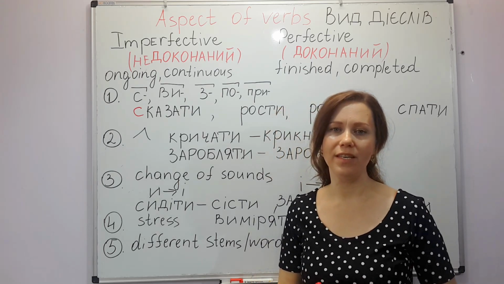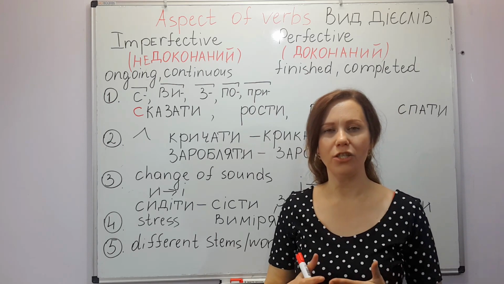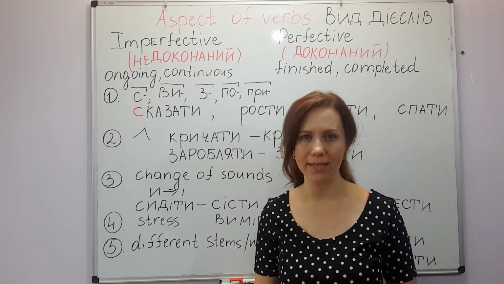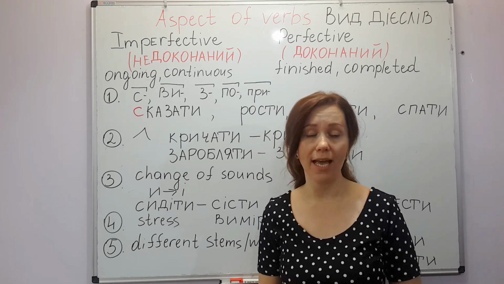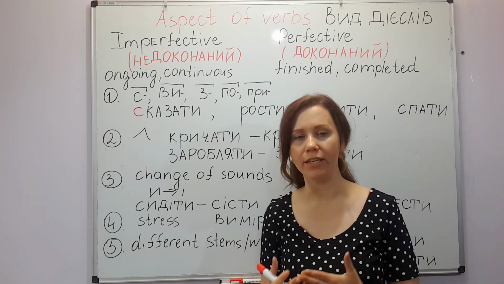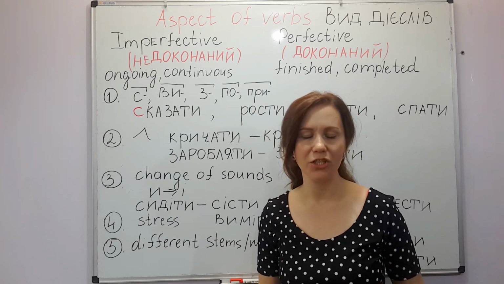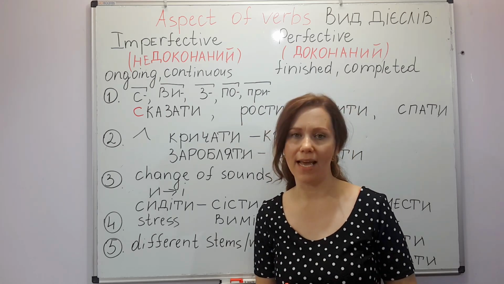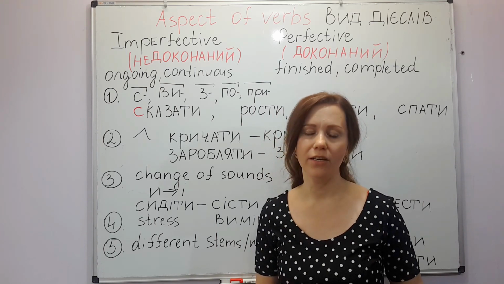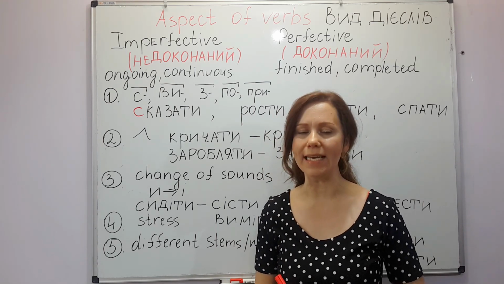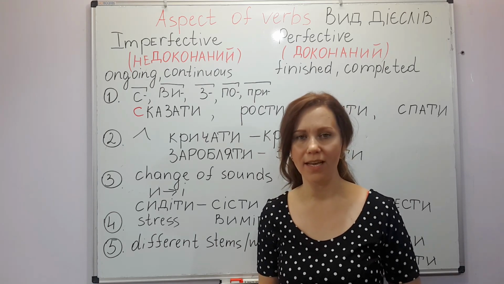With the help of this aspect, we show that something was happening in the past, will be happening in the future, or is happening right now. In English, you have continuous tenses, and in Ukrainian, we create some tenses with the help of imperfective verbs.